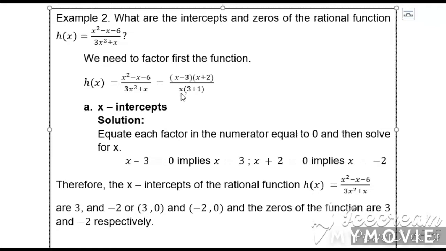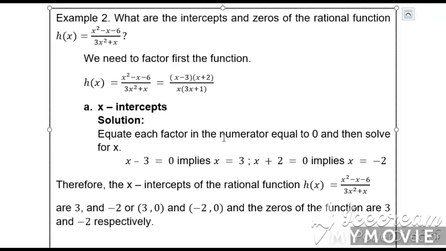So we can have x times quantity 3x plus 1.